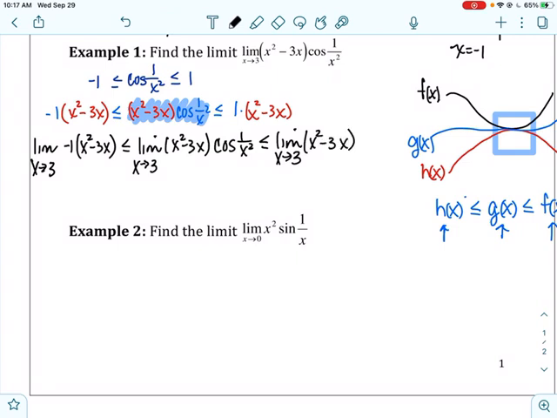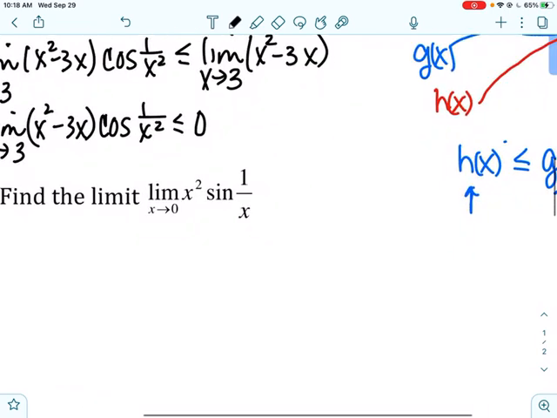You can see from what we just did, we plug in 3 and we get 0 on the left. So the limit as x approaches 3 of x squared minus 3x times cosine 1 over x squared is less than or equal to 0.